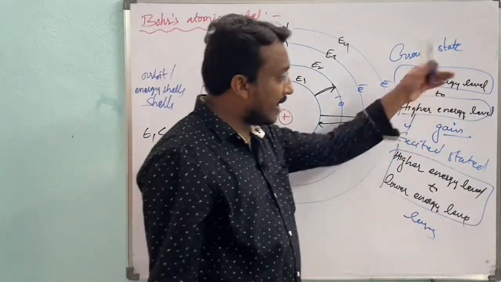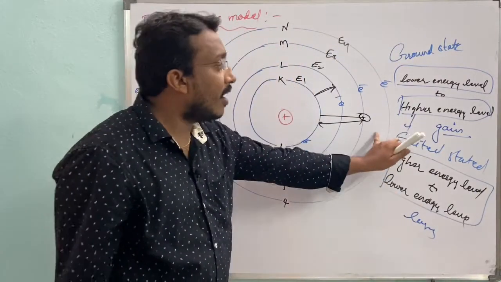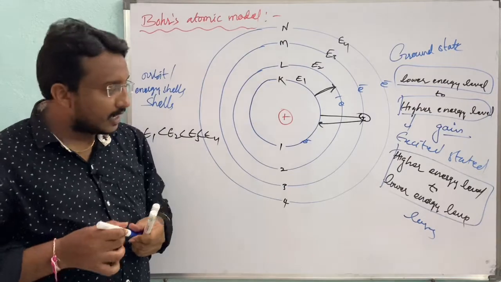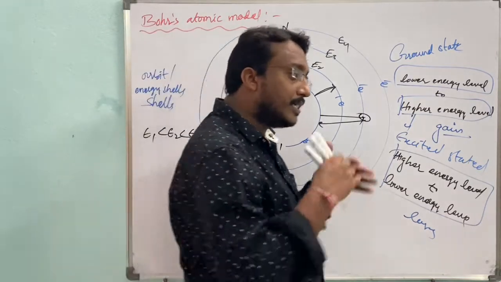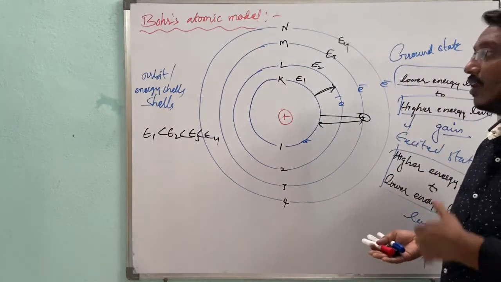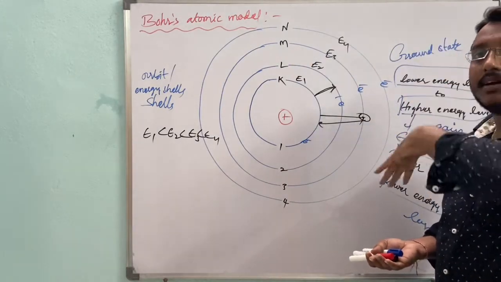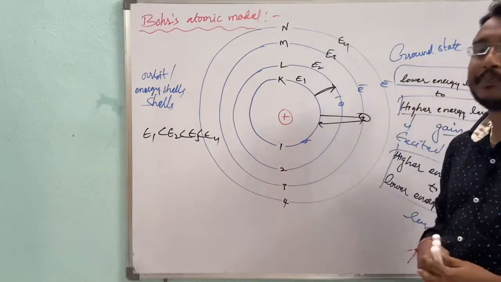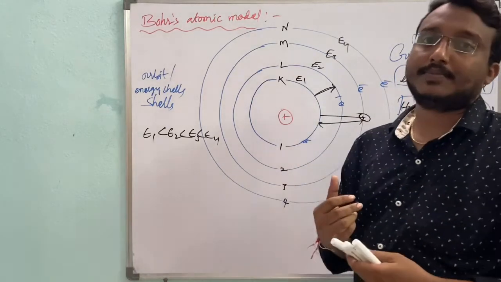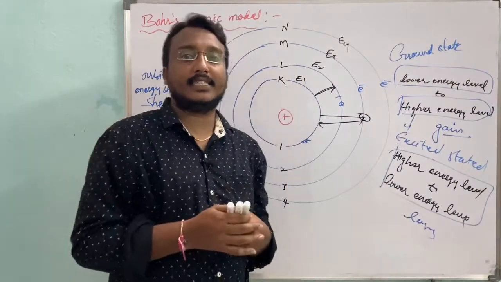By losing its energy, it jumps from the higher energy level to the lower energy level. That means the electrons will not stay after jumping from lower to higher energy level. They come back into the same path, reaching their own path again by losing their energy.